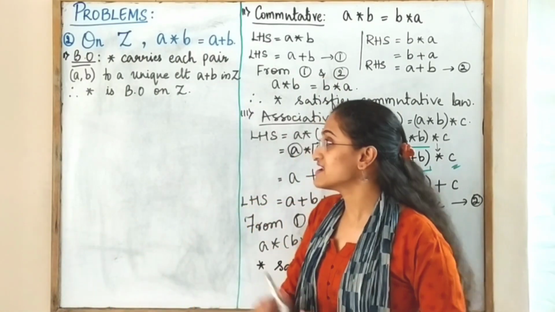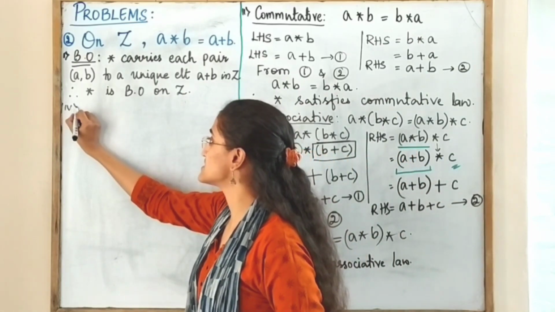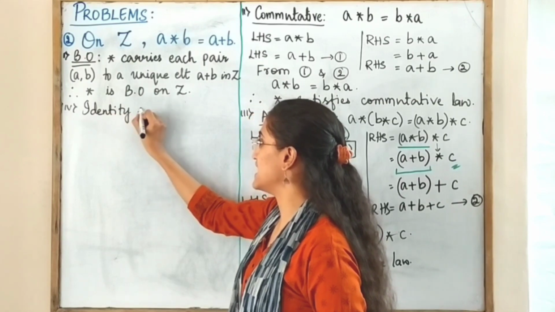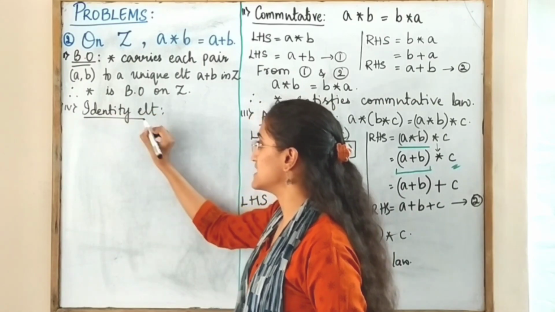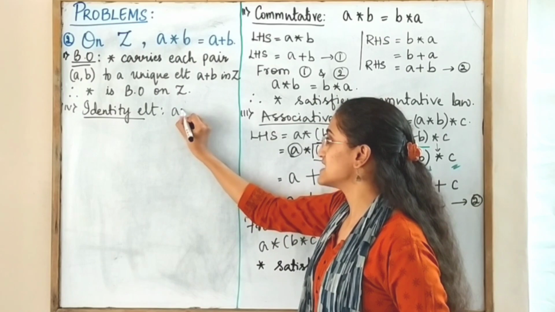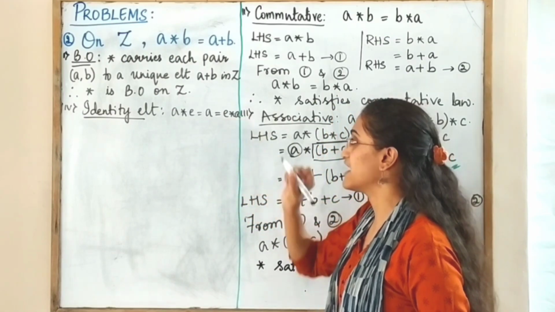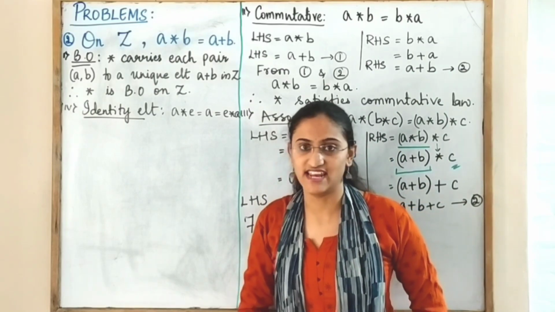Now the leftover one is the fourth one, that is existence of identity element. According to the condition, we have A star E is equal to A, which should be equal to E star A, where E is the identity element.